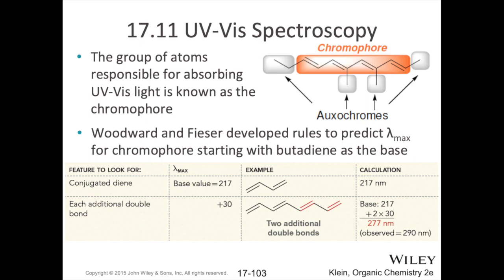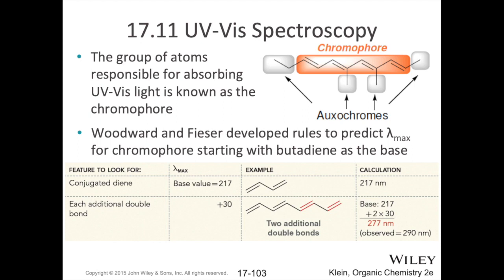If we were to predict the lambda max for a particular molecule, what we call a chromophore, we look at our conjugated pi system, and we essentially start off with just a diene, and know that it's going to be a base value of around 217 nanometers. And then we're just going to go from there.